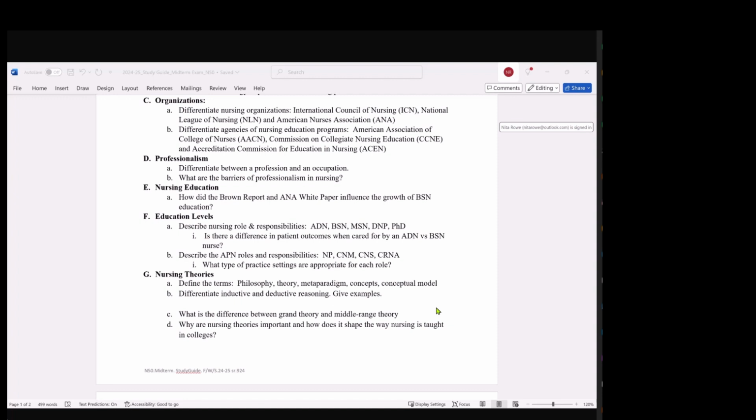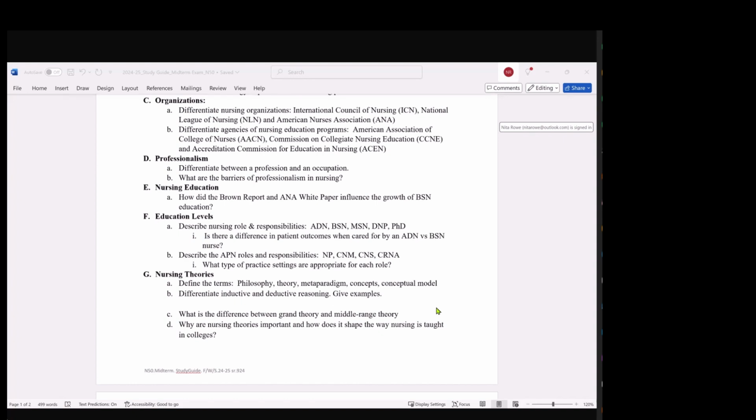And again, the idea is that because the MSN has two levels, it's a general MSN where you can become an educator, you can become clinical informatics, you can also specialize with a general MSN degree. But another level of the MSN degree is those 4 APRN roles that I showed you.